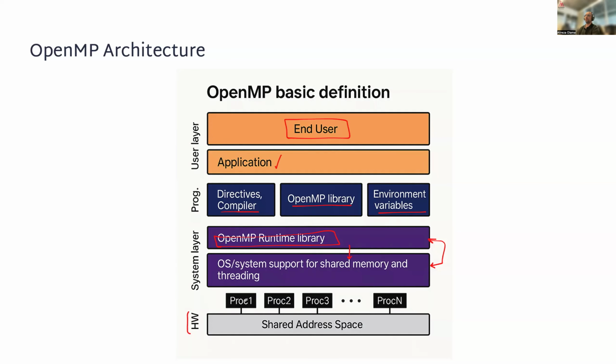But you as a programmer work in this level that I'm highlighting. So you don't need to worry about these lower level things. But if you work with Pthreads, for example, you are working in this layer. Okay, so OpenMP is a little bit higher level way of writing parallel code.